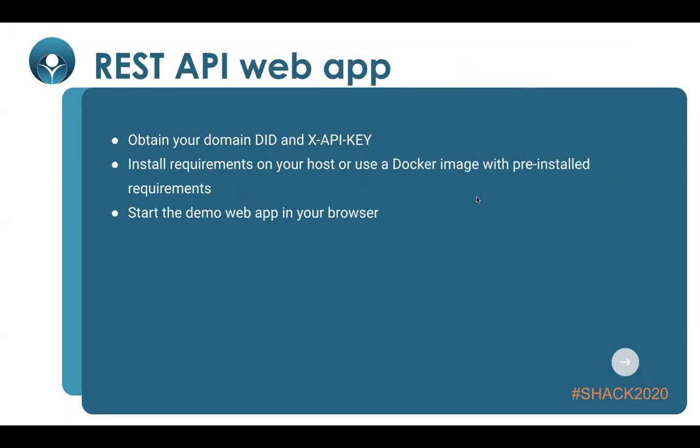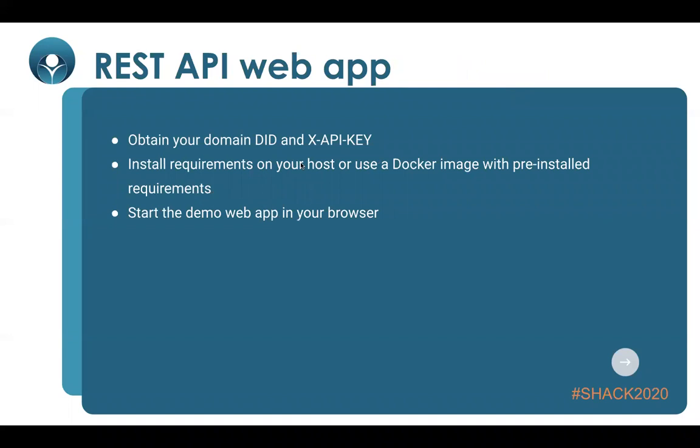That sample web app is also built using Verity REST API, so you will need to have your domain DID and X API key. And there are instructions to start web app either locally on your environment or as a Docker container.